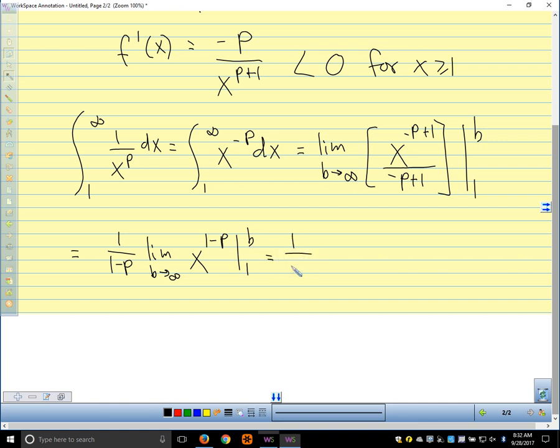So that's 1 over 1 minus p times the limit as b approaches infinity of b to the 1 minus p minus, when we evaluate this at 1, what do we get? 1.